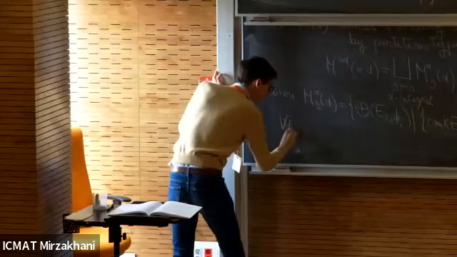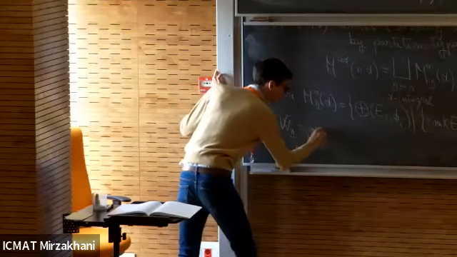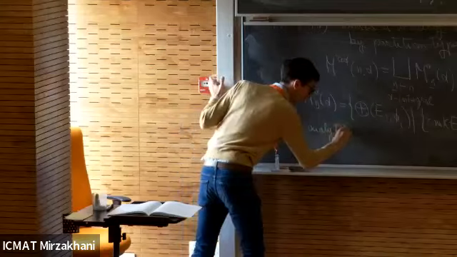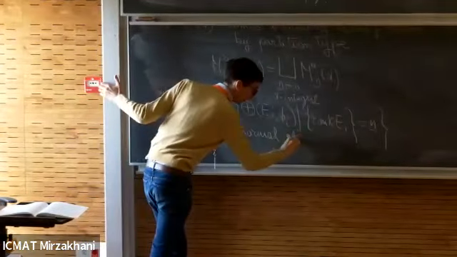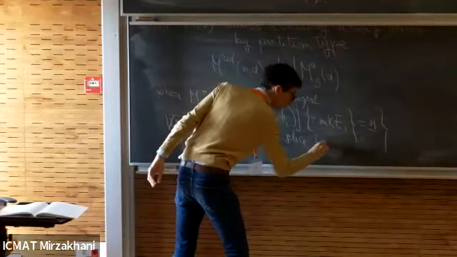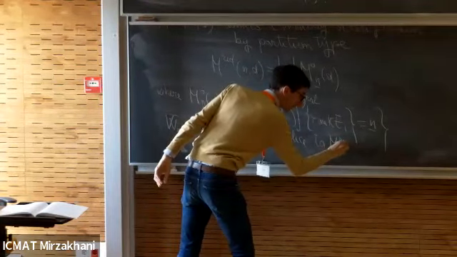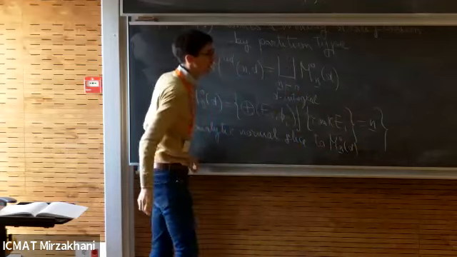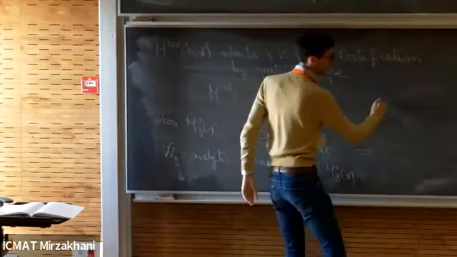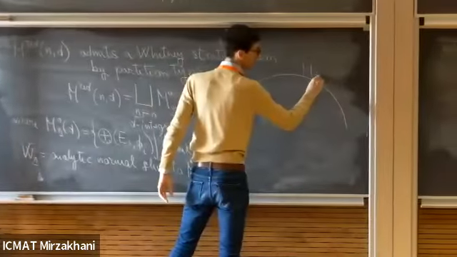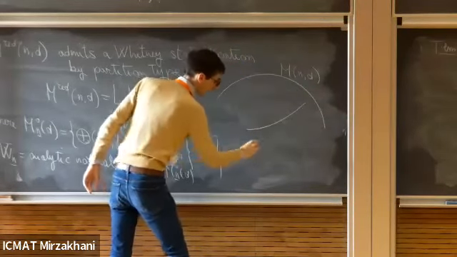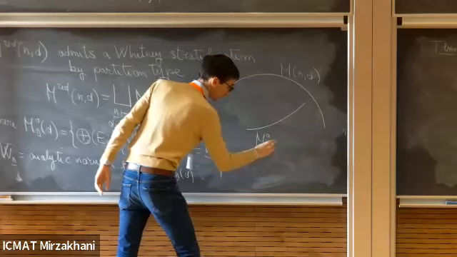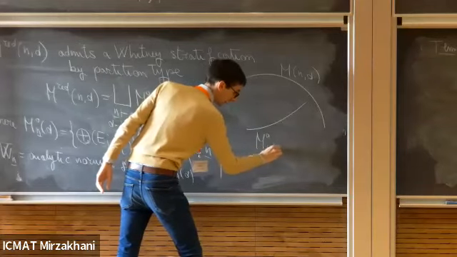I call W_n an analytic normal slice to M_n^0,d. What does it mean? I have my moduli space M_n,d, and inside here I have a stratum of the Whitney stratification.